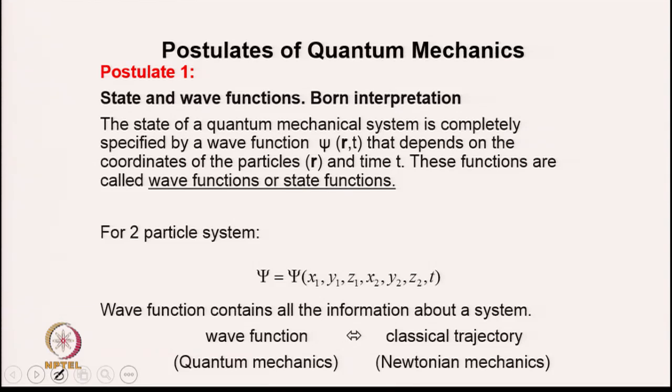For a two particle system, it will depend on the position of particle 1, x1, y1, z1, the position of particle 2, x2, y2, z2, and time t. An important point about this wave function is that it contains all the information about a system. It basically tells you about the trajectory of the atom in quantum mechanics.